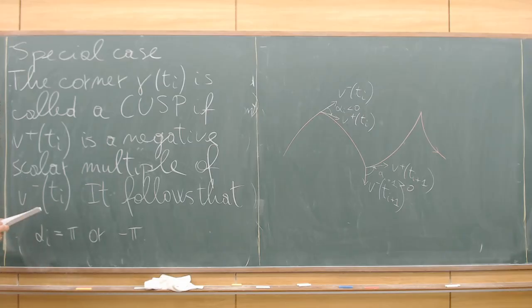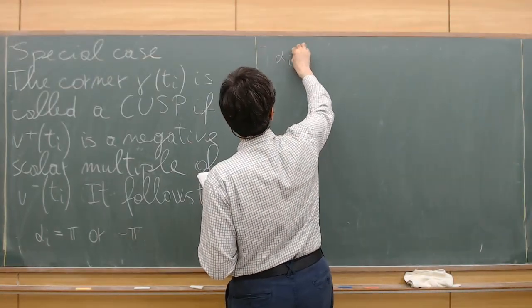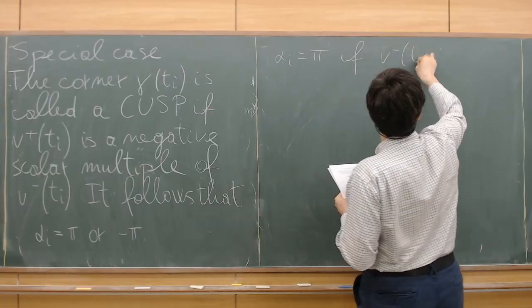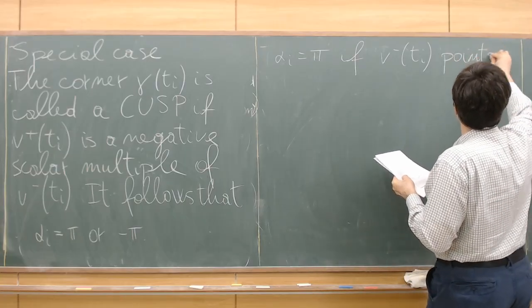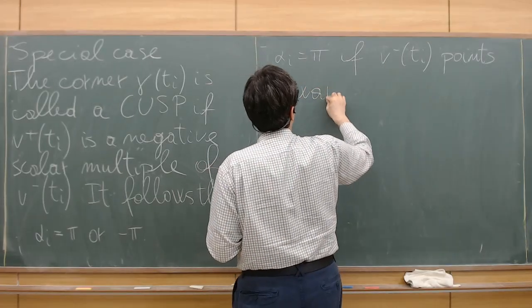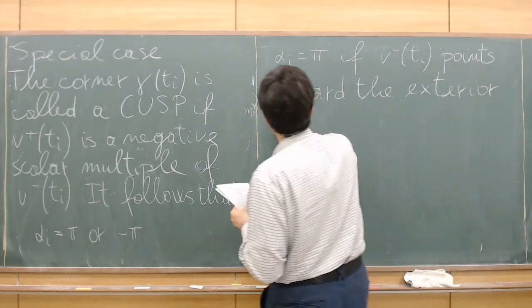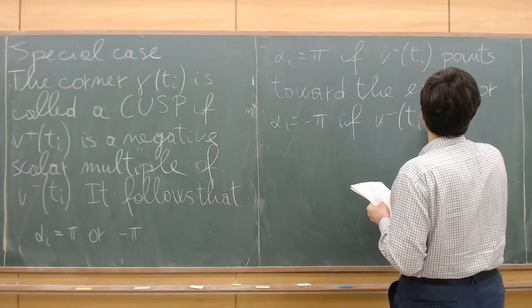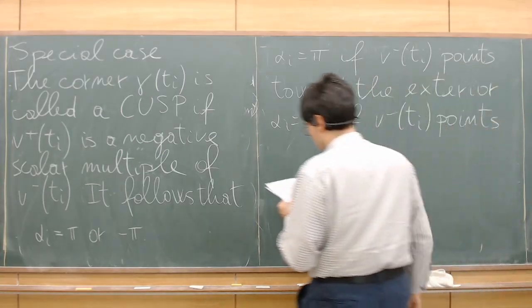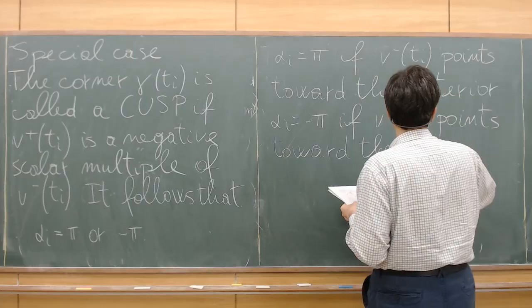So precisely, alpha I is pi if V minus Ti points toward the exterior, and alpha I is equal to minus pi if V minus Ti points toward the interior.